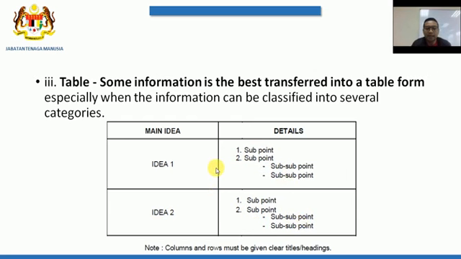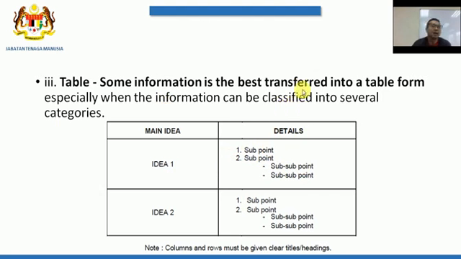Okay, we categorize the points or information, we put it into a table, and then we separate it accordingly based on their respective categories. Okay, because this is something we can normally find easily in your examination papers, where tables are used, or perhaps in your own classroom timetable, because we are using a table, right?